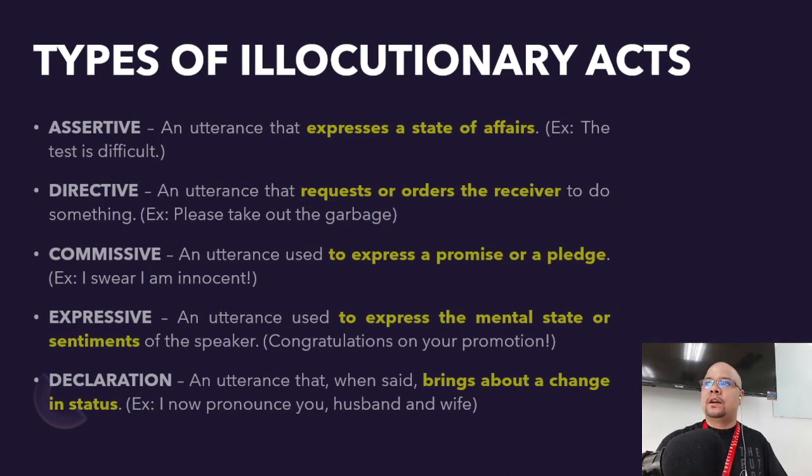Innocent transforms into a guilty status. So that is the difference between assertive and declaration or declarative for some other forms. In assertive, no change happens. The test is difficult. It will remain to be difficult. But in declaration, the status changes.